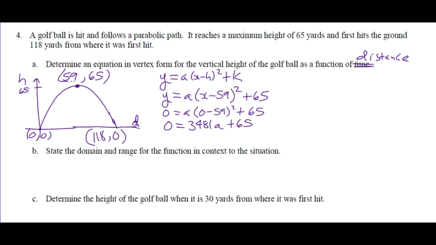Is it positive or negative? A value is going to be negative. How's that going to happen? Well, we have to subtract 65. So negative 65 is equal to 3,481a. So a is equal to negative 65 over 3,481.